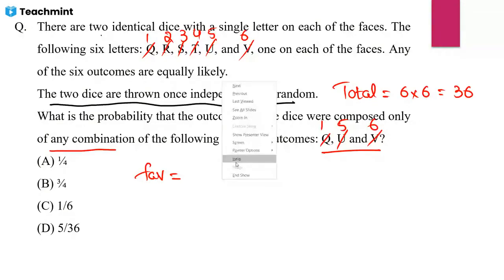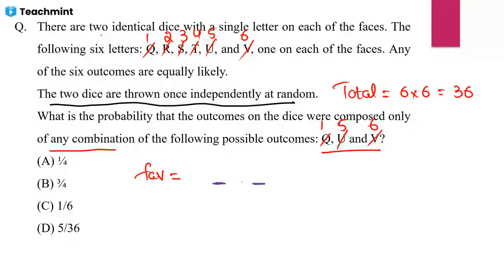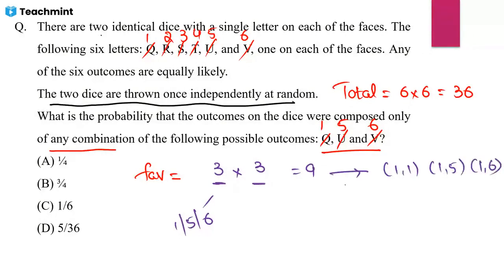See, I have only two dice, and in die 1 I have 3 chances. It may be 1, 5, 6. In die 2 also 3 chances, 1, 5 or 6. So favorable is 9. What is that 9 in detail? It may be 1,1; 1,5; 1,6; 5,1; 5,5; 5,6; 6,1; 6,5; 6,6.